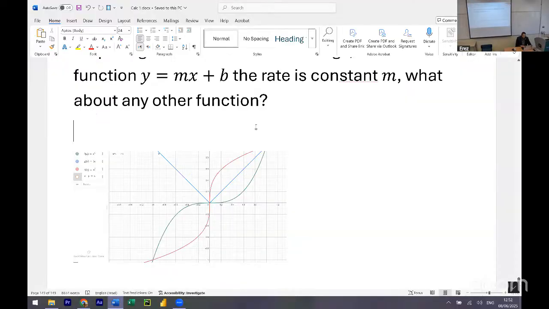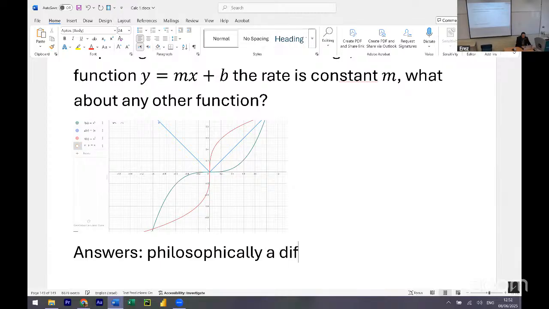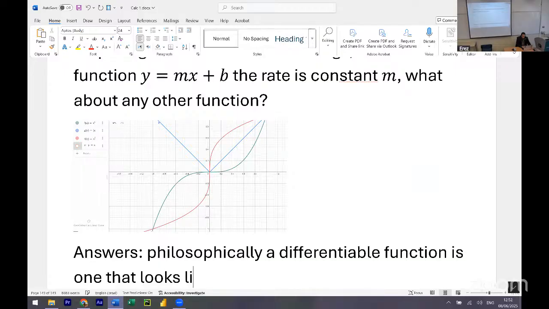So you can draw a tangent at any point. Philosophically, a differentiable function is one that looks like a line when zooming in.